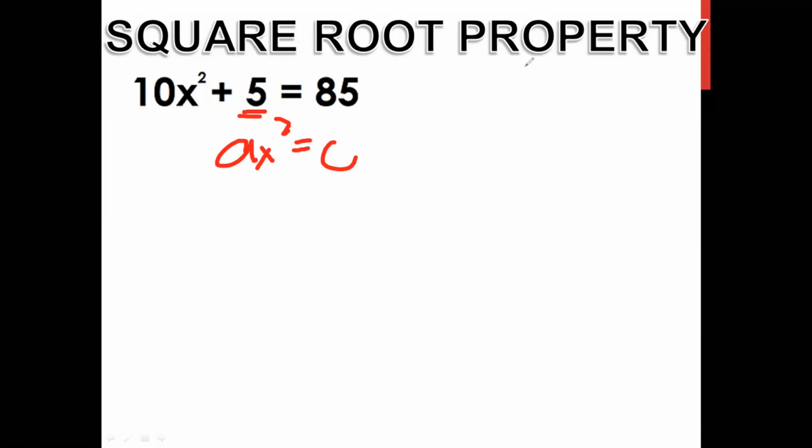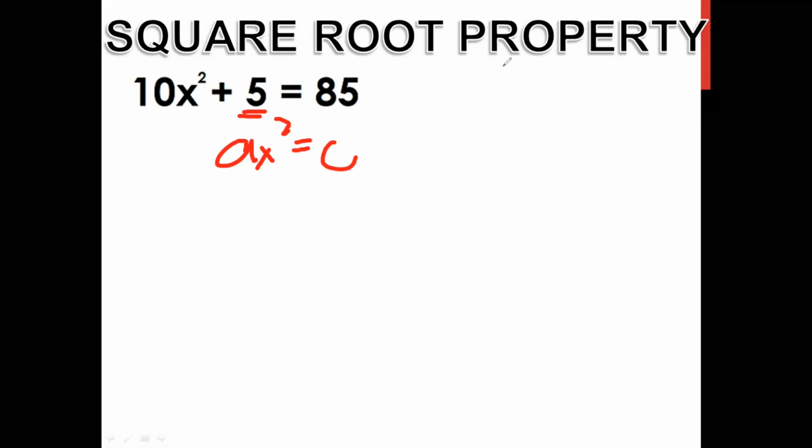In this example, our equation is not in the ax squared is equal to c form, right? Because we have the constant 5. Before we proceed with the square root property, we should transpose the 5 to get the ax squared.